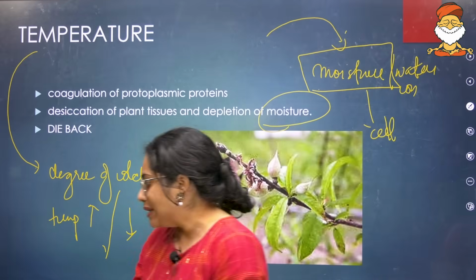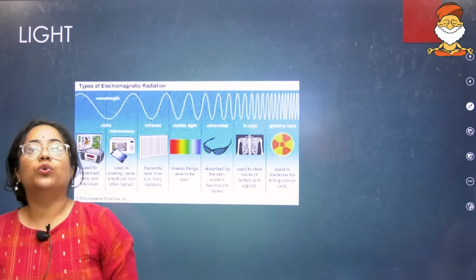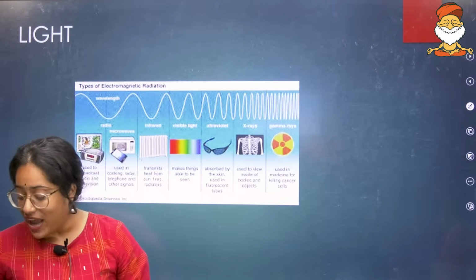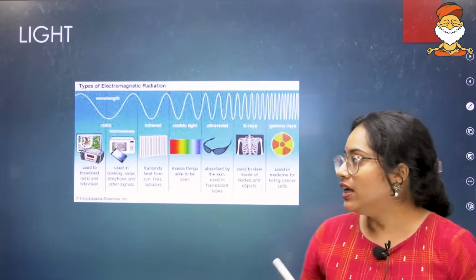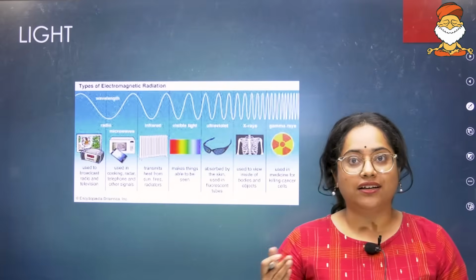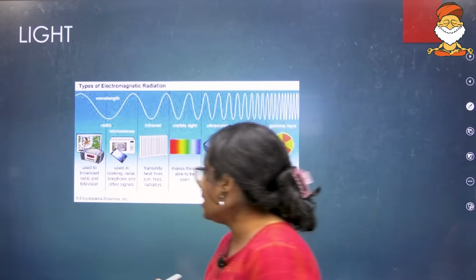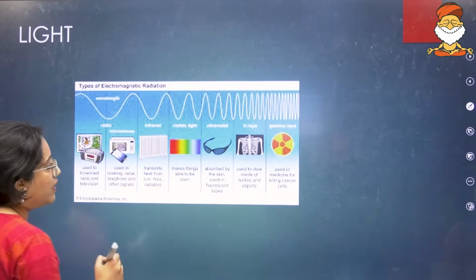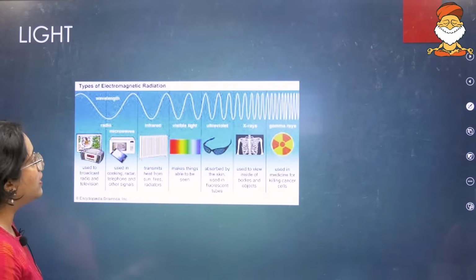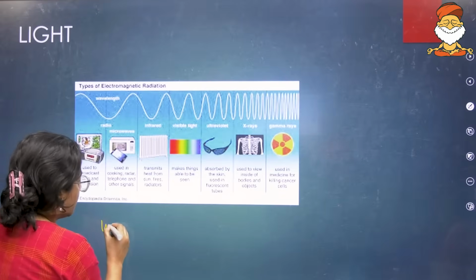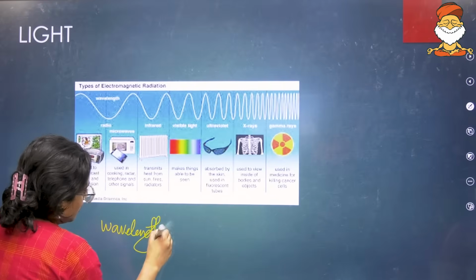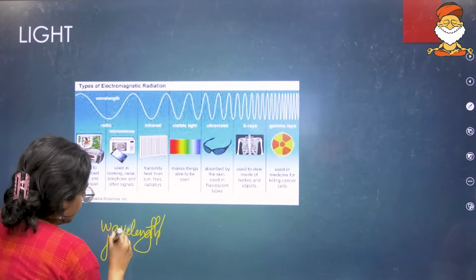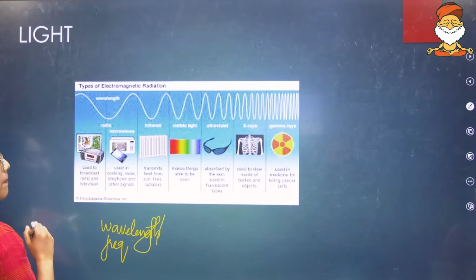Now moving on to another very important factor called light. See, light has two criteria, and this is very important to understand. Whenever we are describing light, you can have something called wavelength or frequency associated with it.